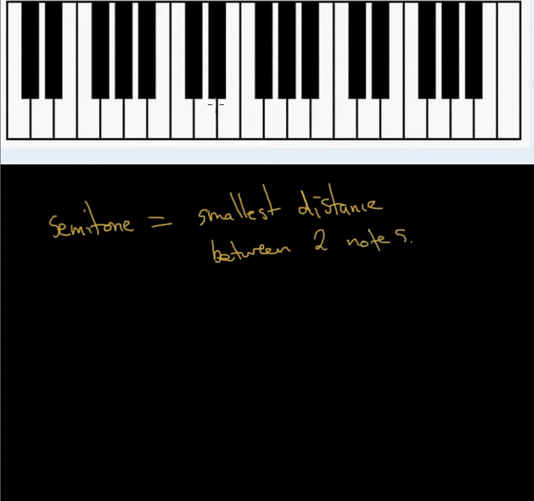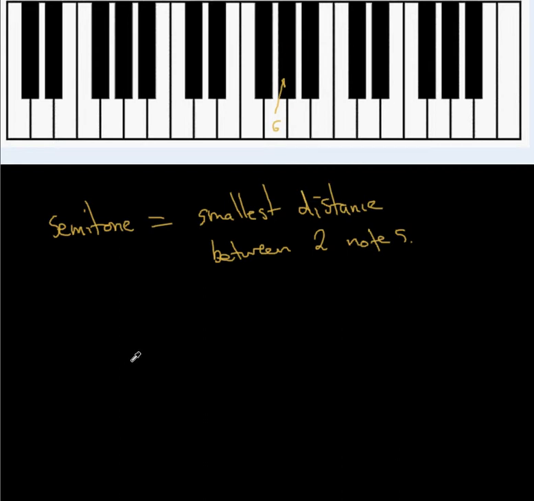So a semitone above G would be G sharp, and a semitone below E would be E flat. We looked at how a sharp and a flat mean upwards and downwards, at the end of the last video.